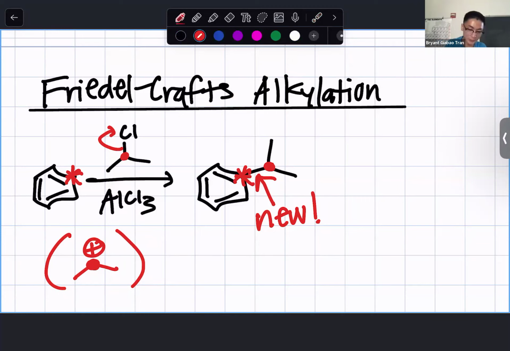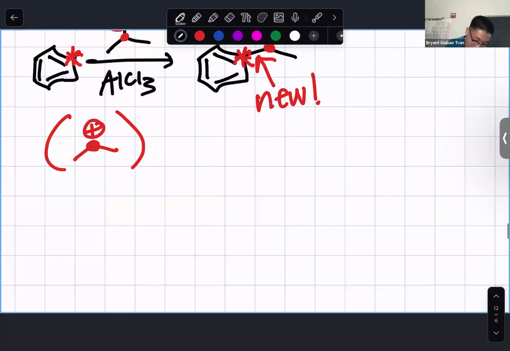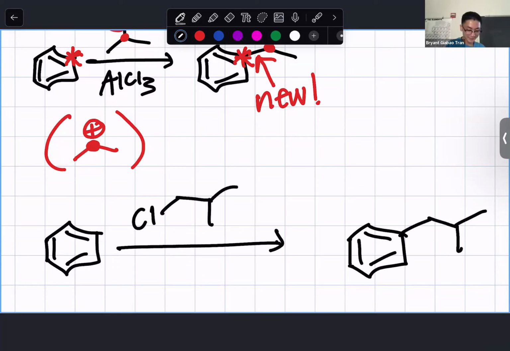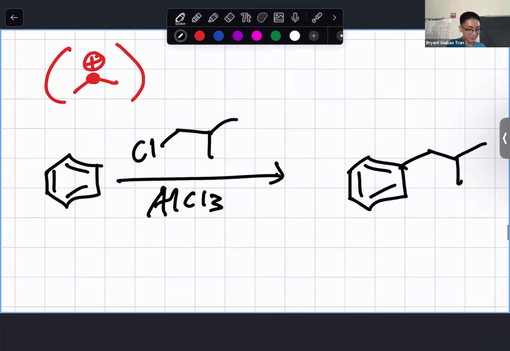Because let's say we try to make this R group right here. We cannot use that group with AlCl3 because think about the intermediate. When the leaving group leaves, we are going to form this carbocation right here.